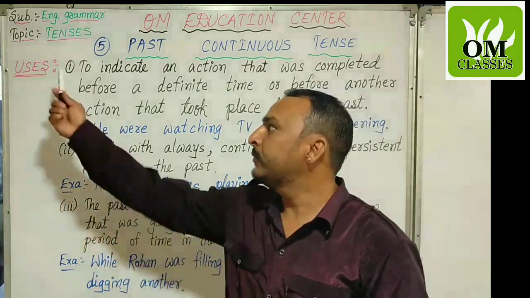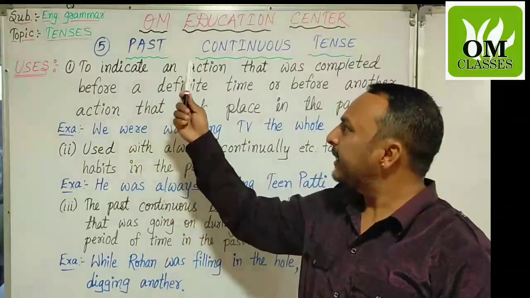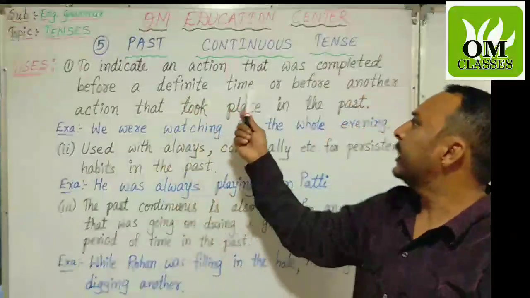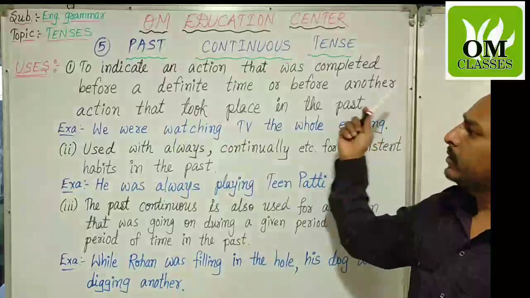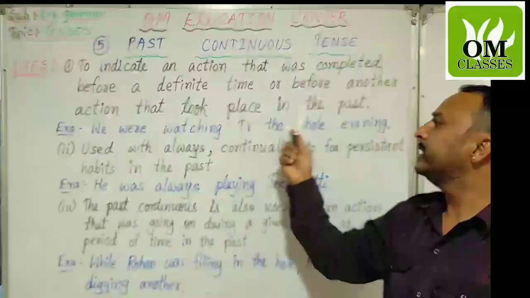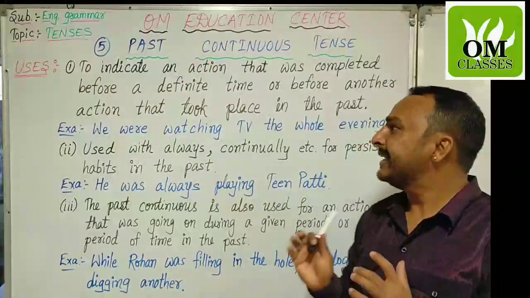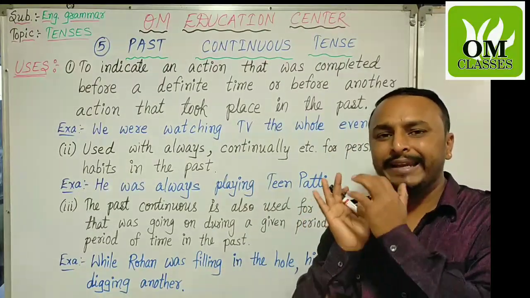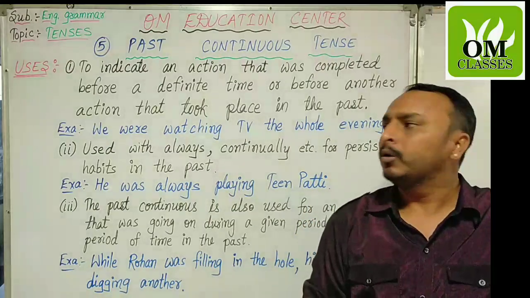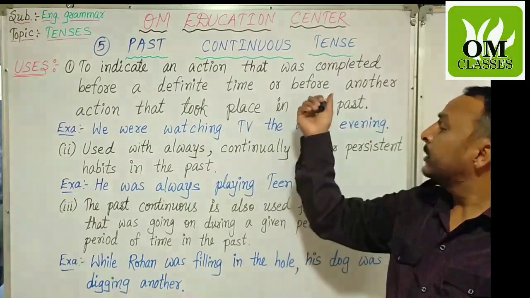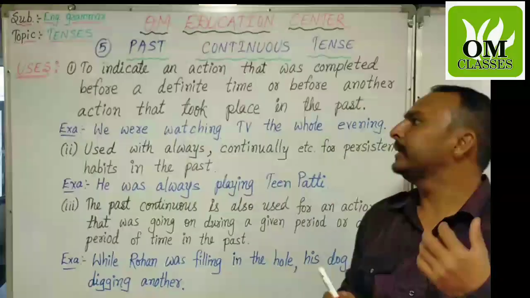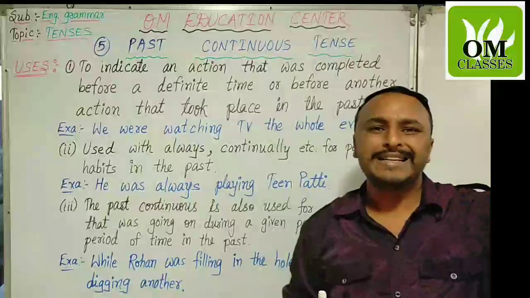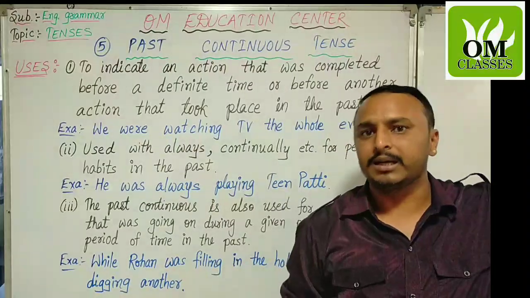Let's see the uses. First use, to indicate an action that was completed before a definite time and before another action that took place in the past. मींस यूज इसका ऐसा है कि जो पास्ट के अंदर कोई एक्शन को हमें इंडिकेट करना है जो बोलने के टाइम के पहले वो काम पूरा हो चुका था, या वो काम अनदर एक्शन को डिस्क्राइब करता है. ऐसी चीजों के लिए वी यूज पास्ट कंटिन्यूअस टेंस. मतलब पास्ट के कोई टाइम में वो काम जारी था, चालू था.